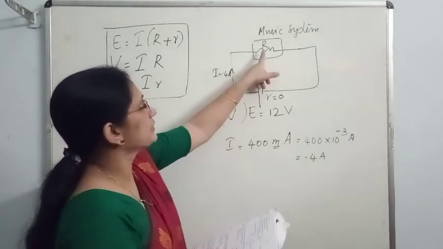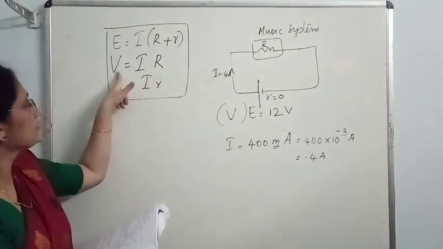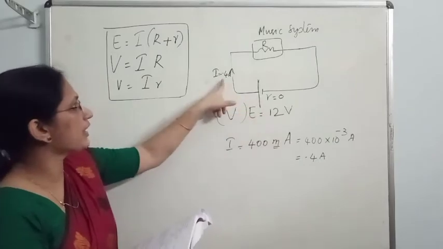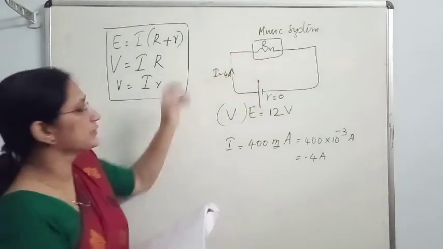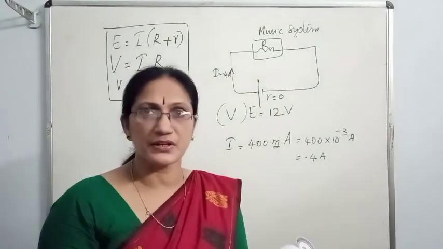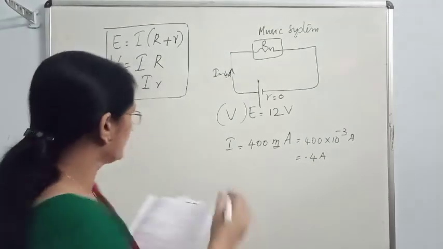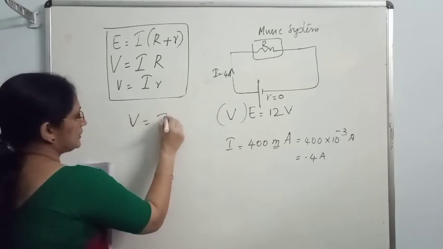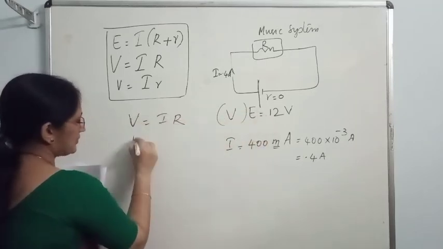How will you find out R? Use this formula. V is equal to I into R. V is 12 volt. I is 0.4. Then you will get resistance of the music system. We solve. V is equal to I into R. V is 12.